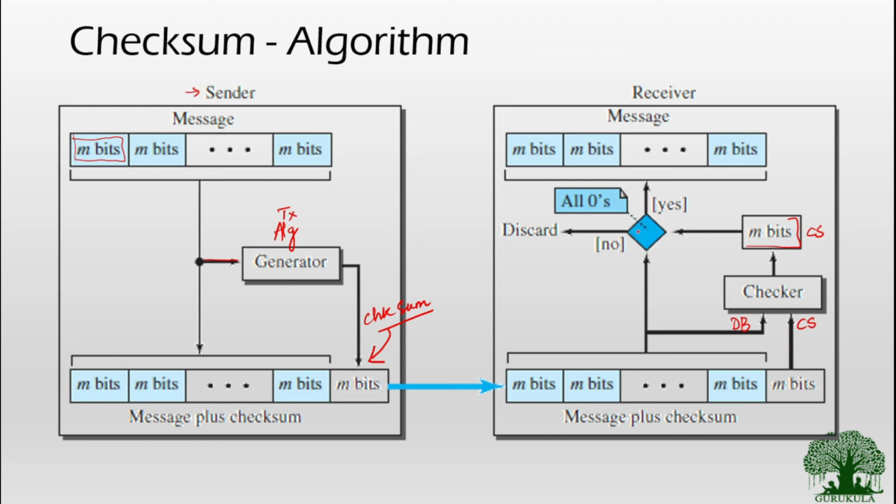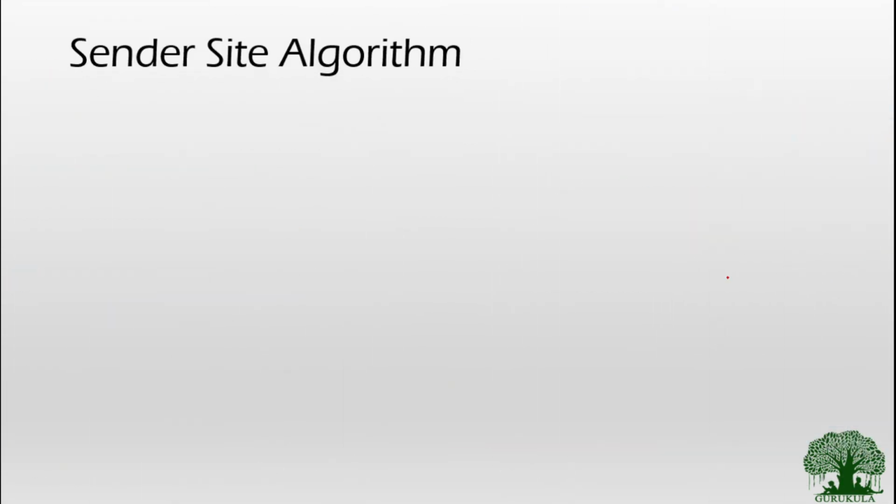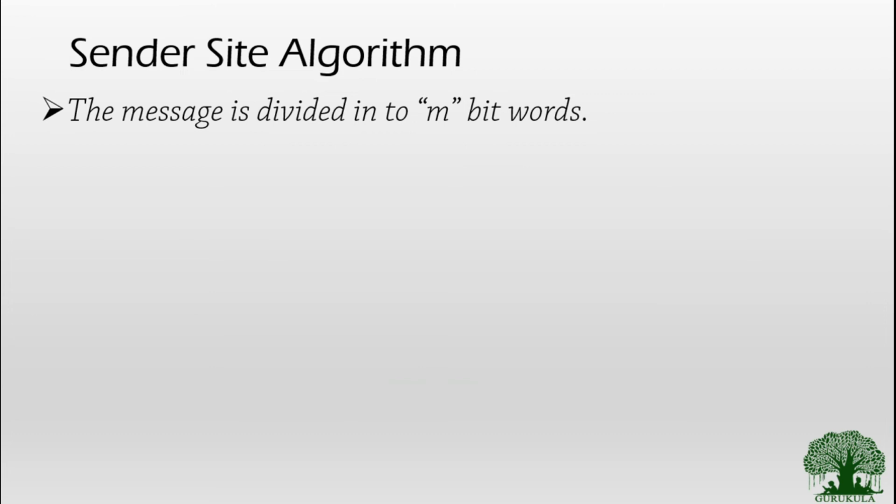Once it is all 0, the data is accepted. If it is not all 0, or if any non-zero values occur, then it identifies that there is an error. We will see the various steps in the transmitter algorithm as well as the receiving algorithm, step by step. At the sender side, initially the message is divided into m bit words.